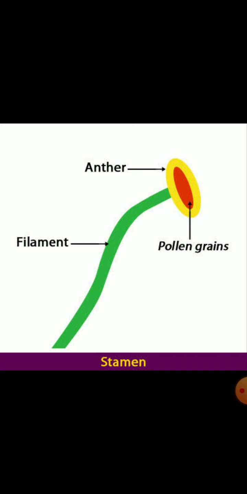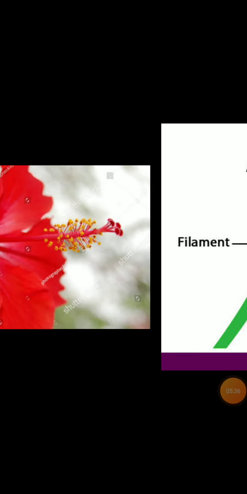What are the pollen grains? Yellowish in color. You must have seen these yellowish pollen grains, which often stick to our hands when we touch the stamen of a flower, right? I'm sure you have this experience.